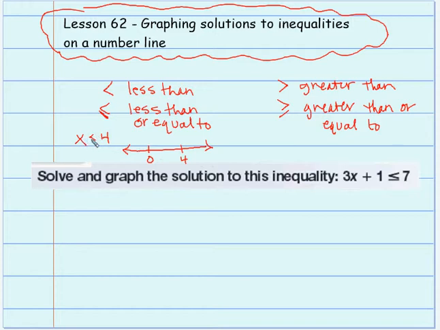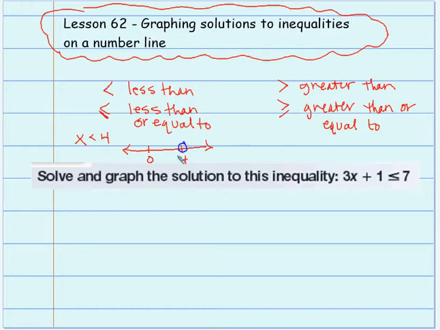Now, x has to be less than 4, so we would put a circle on the number 4, but we're not going to shade it in, because if I said x equals 4, that would mean that that's shaded in. So x equals 4, does that work here? Is 4 less than 4? That's not true. 4 is not less than 4. So we can't include the point of 4.